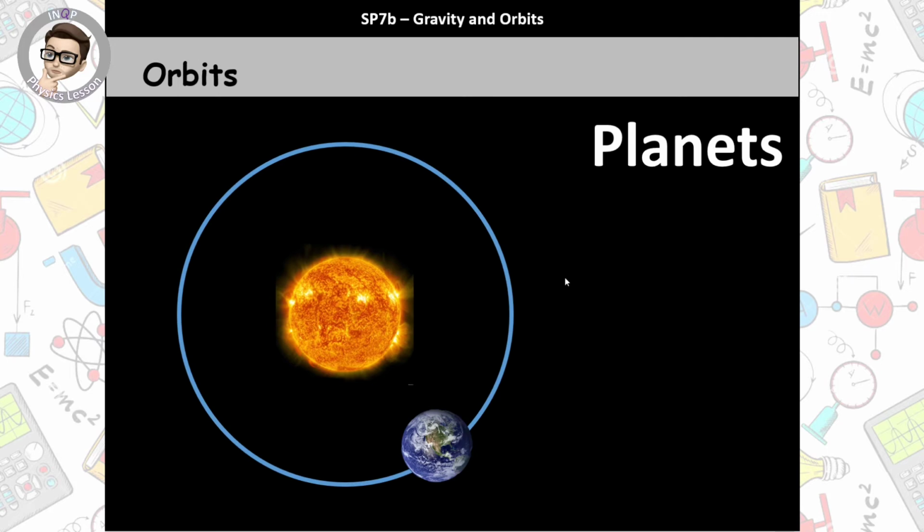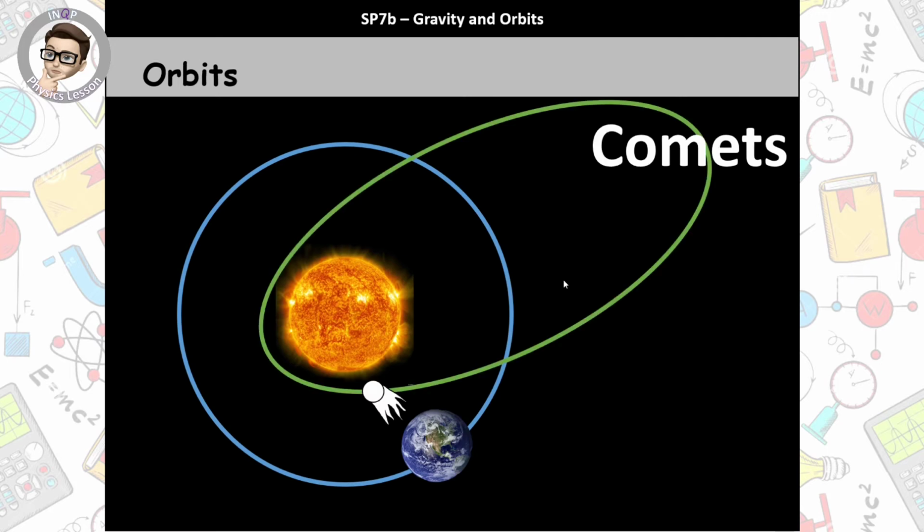But what you do need to know is that comets have a high eccentricity, which means they are very oval. So this comet gets much closer to the sun this side of the orbit than it does at this side, which we talked about right at the beginning. So comets have a non-circular or oval orbit. Okay, so quite important to know that.